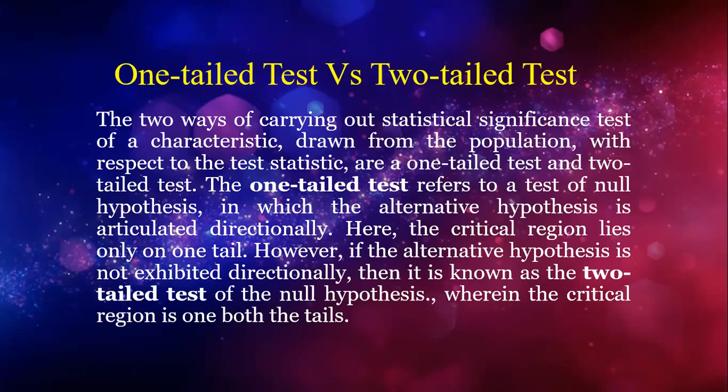If the calculated value is more than the table value, then reject the null hypothesis. When you accept the null hypothesis, you reject the alternative hypothesis, and when you reject the null hypothesis, you accept the alternative hypothesis. That is the criteria.